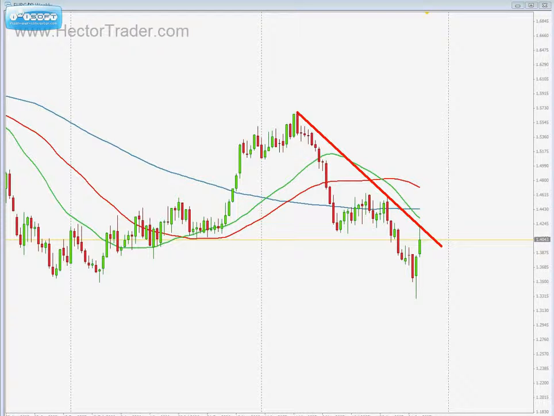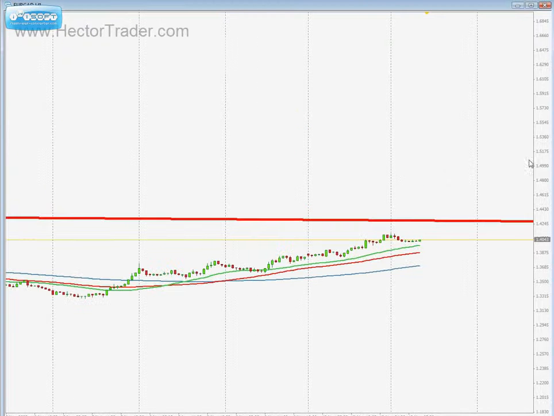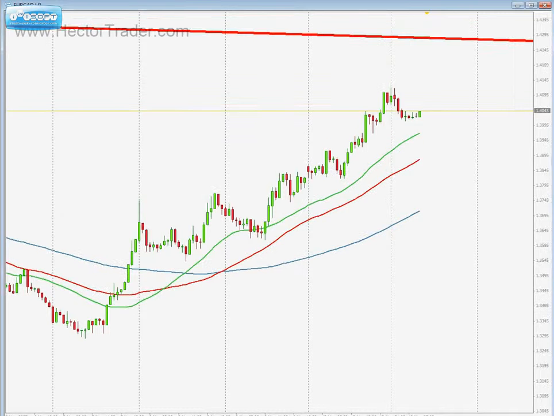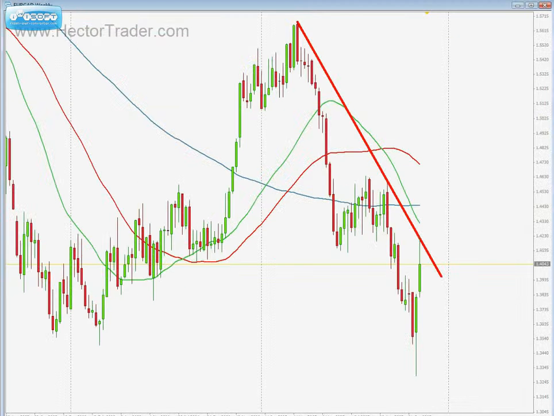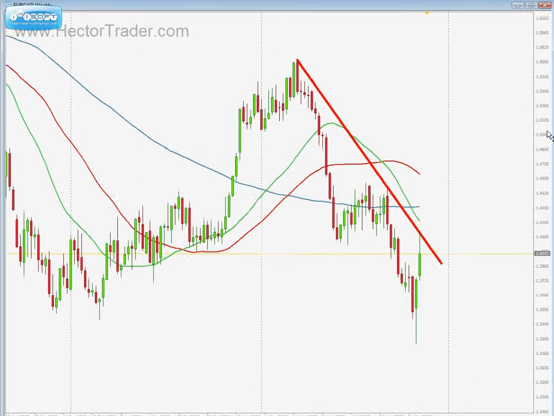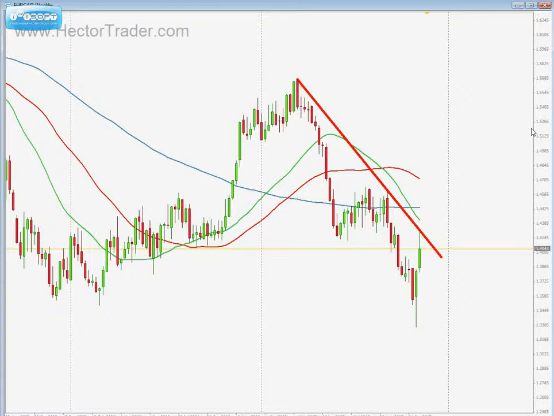We've just seen the hourly time frame of this currency pair, the euro against the Canadian dollar on the 1 hour time frame, and now I'm going to show you, like I was saying, the weekly chart. Just wanted to make clear, guys, that we are looking into the same currency pair, just on different time frames.